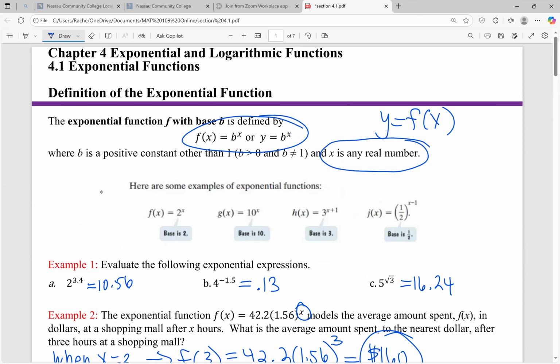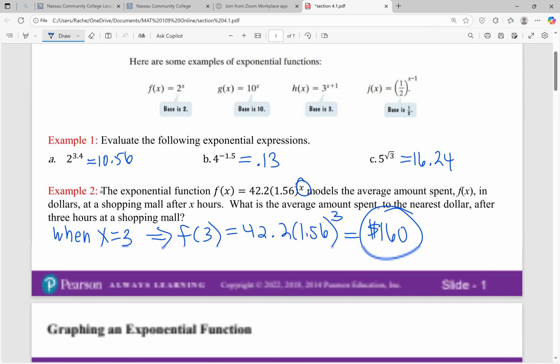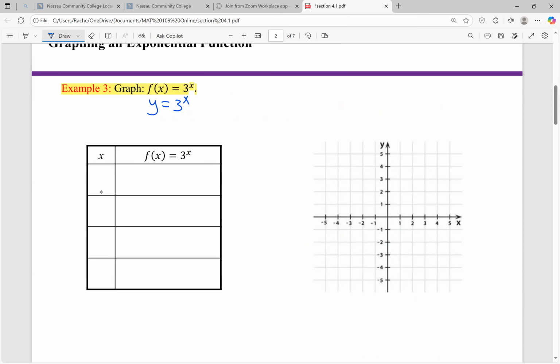So I can take base b and raise it to any power that I want, whether it's in terms of being a real number. It could be positive, it could be negative, it could be a fraction. So let's pick some values for x and then we'll plot it. So for example, what if x was equal to -2?